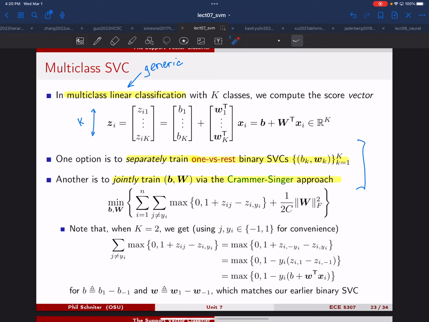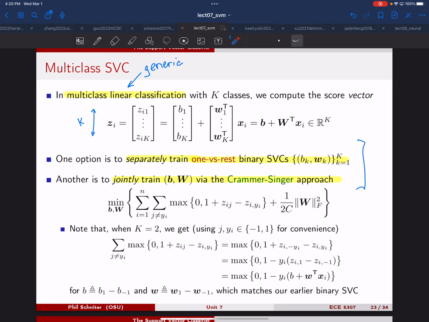Now, you wouldn't really want or need to use this with k equals 2 classes because it's simpler to just use the binary version before where W was a vector, not a matrix with two columns. But you could use this for two classes, and it would give you the same solution. You mainly want to use this when you have k of 3 or larger. Then, of course, you can't use the binary method anymore. You need to use something like this.